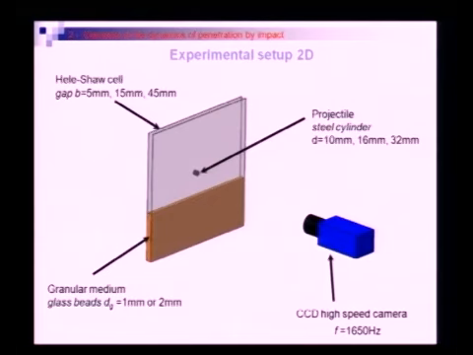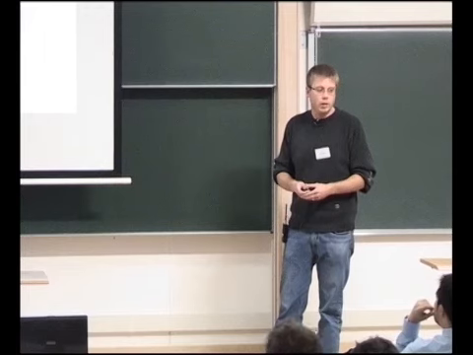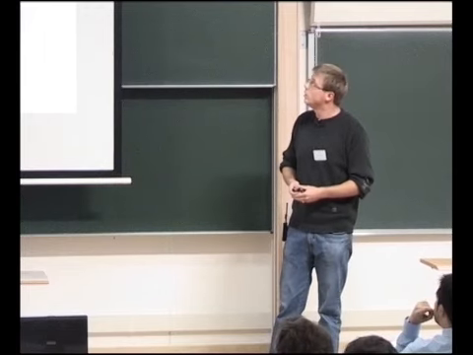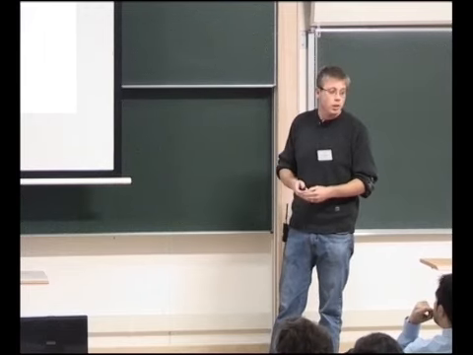I can change this gap. Then in this cell, I put a granular medium made of glass beads of about 1 or 2 millimeters. I can change that. And then my projectile here is a steel cylinder of diameter D. And I drop this cylinder from the height I want.